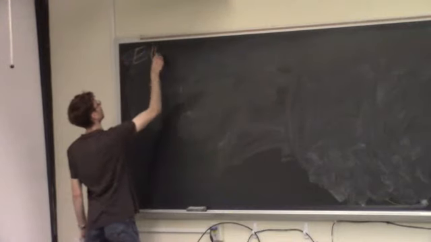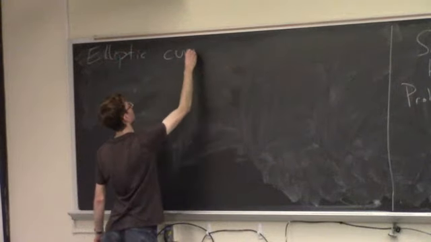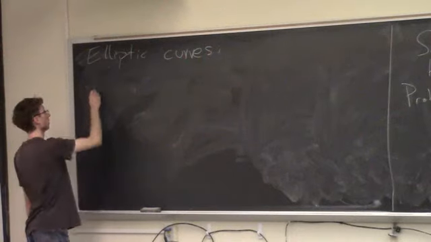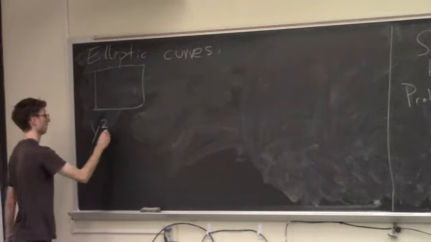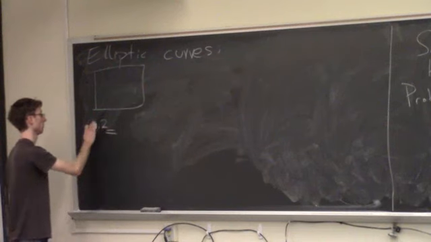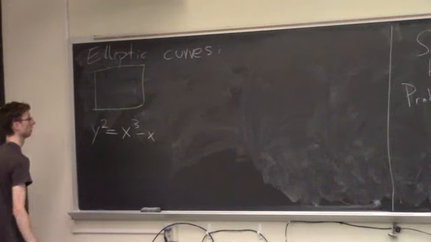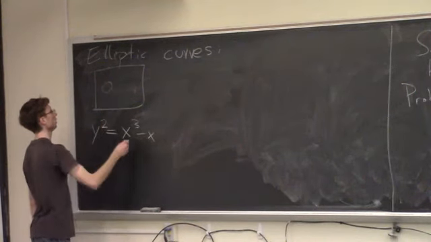But so the next problem, I think I should first say something, as many of you know, about elliptic curves. Usually the elliptic curve is given by some Weierstrass equation, some equation in complex 2-space, or maybe CP2.